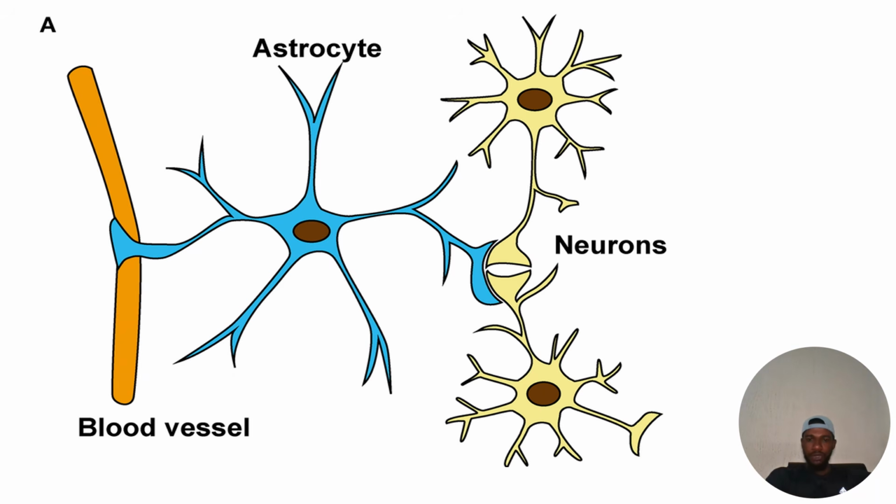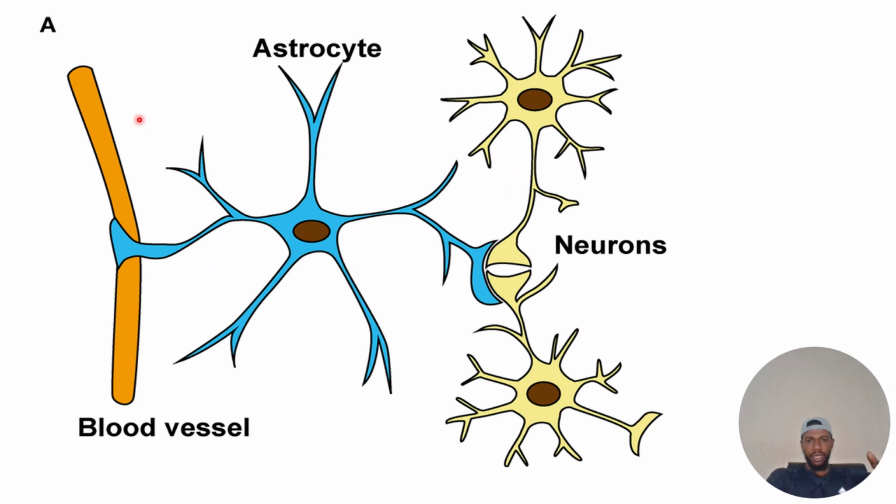Now, astrocytes have close morphological and functional association with the microvascular system and the neurons. Looking at this diagram, you see the location of astrocytes around the blood vessels and also in the central nervous system.